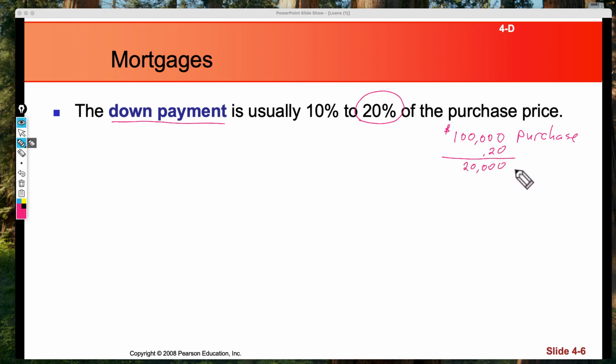So that's the down payment. So how much will we need to borrow? 100,000 minus the down payment. So 20,000 is the cash out of our pocket. So we need to borrow 80,000. So that's going to be our loan amount.